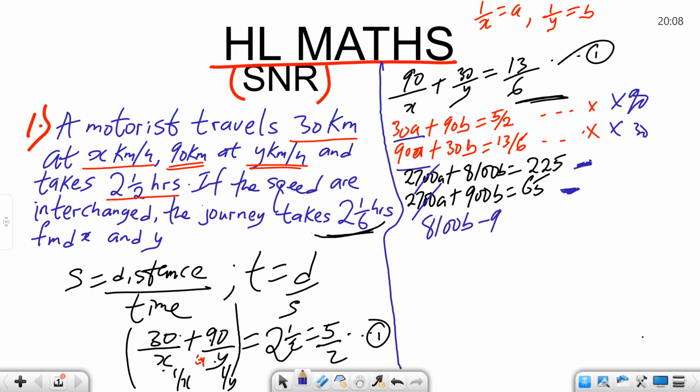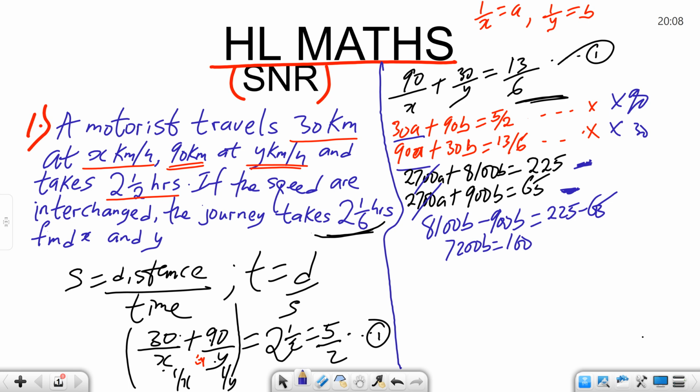So I'm going to have 8100b minus 900b equals 225 minus 65. So 8100 minus 900 gives 7200b, equals 225 minus 65, which would give 160.